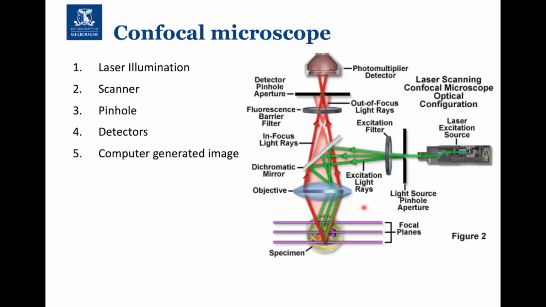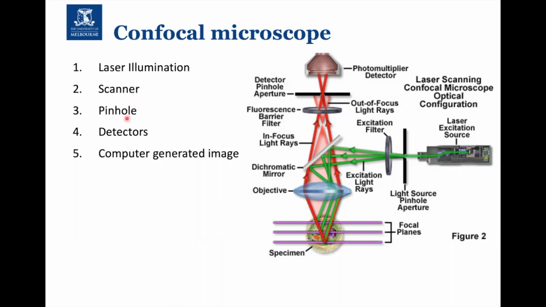Okay, so similarly to the wide field system that we walked through, we're going to walk through the structure of a confocal microscope. And again, just a very high level overview of what the different parameters are. So again, we're looking at the illumination source. In this case, it's going to be lasers. We've got excitation filters, so I'm not going to cover that again. We have a scanner, which isn't really shown on here.